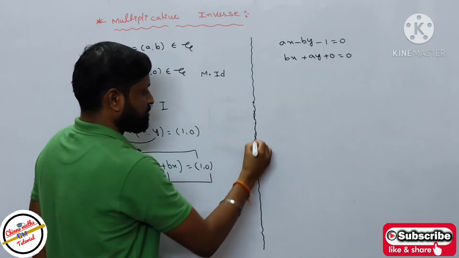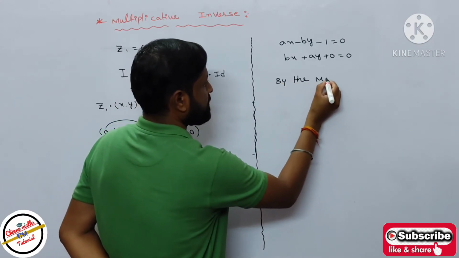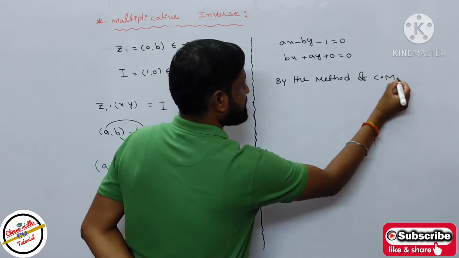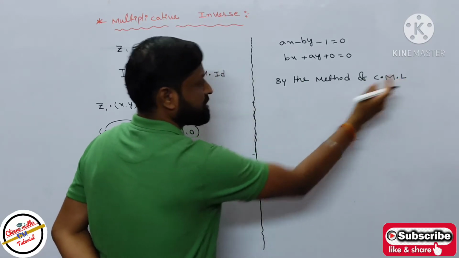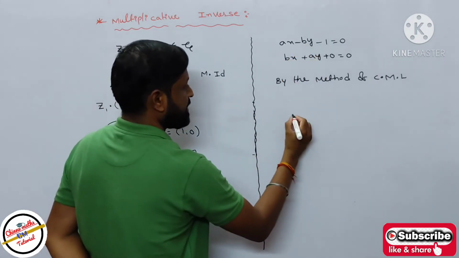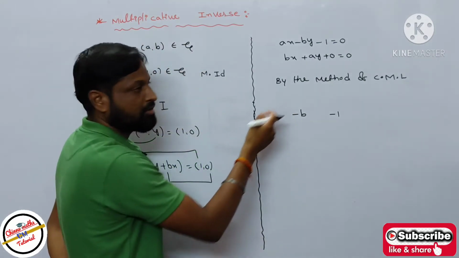By the method of CML. CML is nothing but cross multiplication law. So start from the middle term. What is the y coefficient? Minus B. After that the constant value, minus 1. Cyclic process.